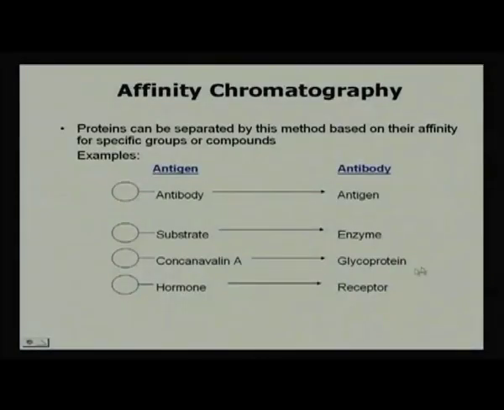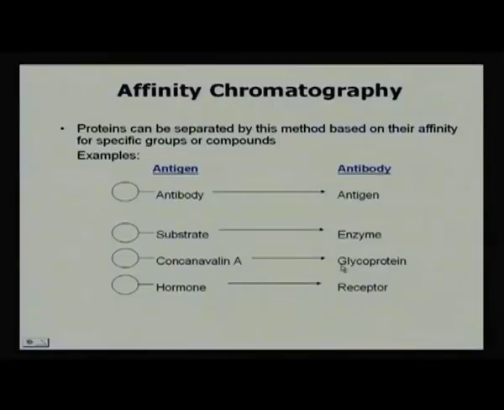Concanavalin A: any type of glycoprotein, any type of glucose-containing protein, if glucose moieties are there, the protein which has these moieties will come and bind with this particular matrix molecule. If we have a hormone and a hormone receptor, it will come and bind with the hormone receptor.